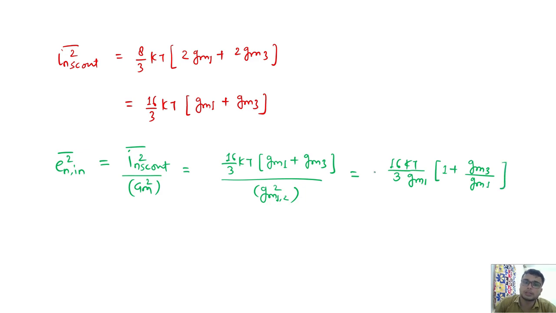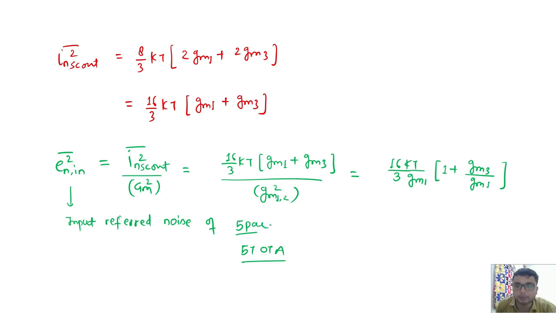So this is the total input referred noise of the 5-pack, or 5 transistor OTA.